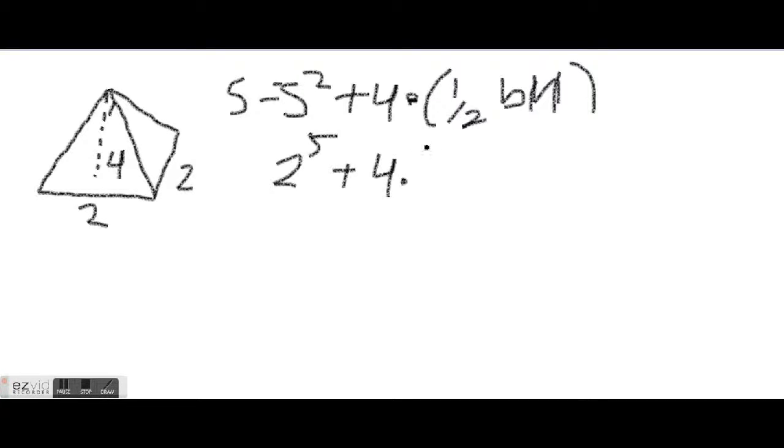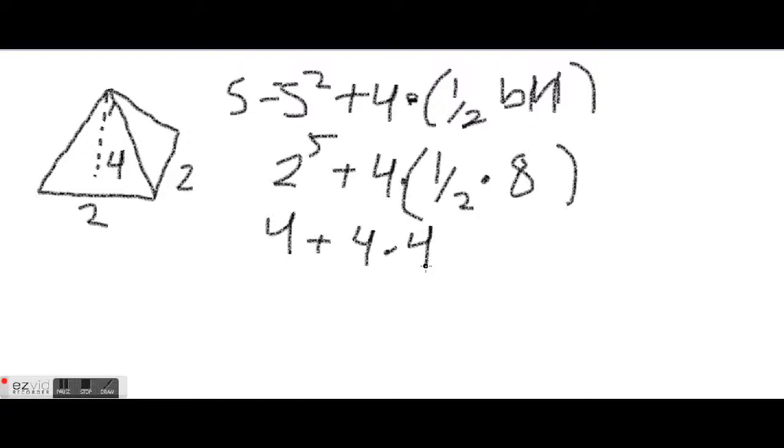We'll just do that, make it a little bit easier. 2 squared is 4 plus 4 times 1/2 of 8, which is 4. Alright, now we have to do my dear Aunt Sally. So we have to do 4 plus 16. And the answer is 20. Alright, so we did that.